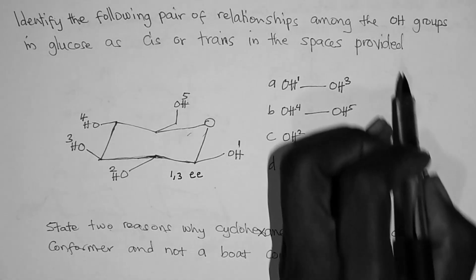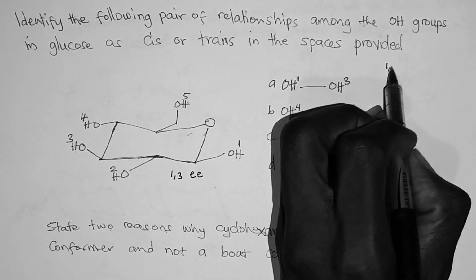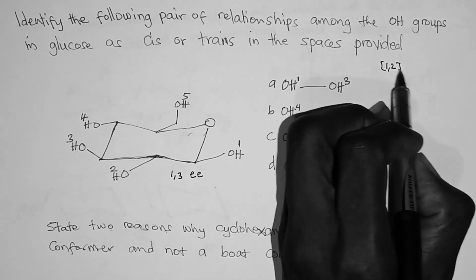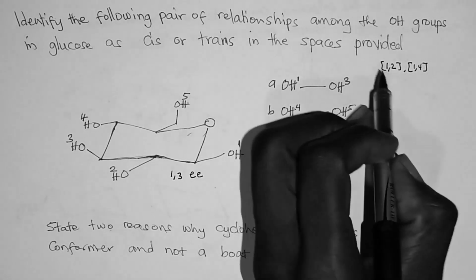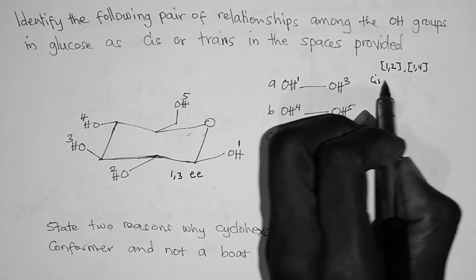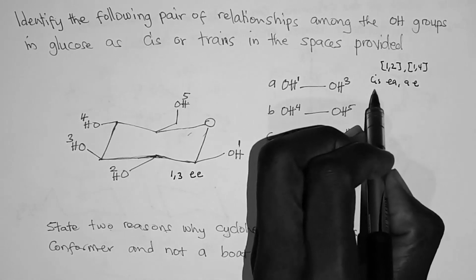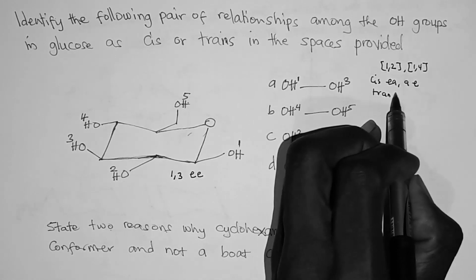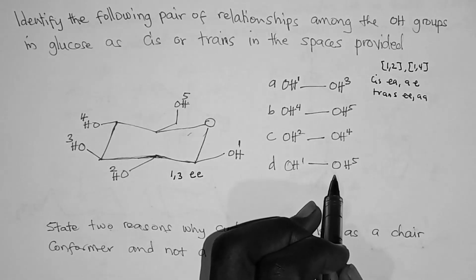So let's write the key down. We've already established that for a 1-2 or a 1-4 relationship, a cis is an EA or AE, and then a trans is an EE or AA relationship.